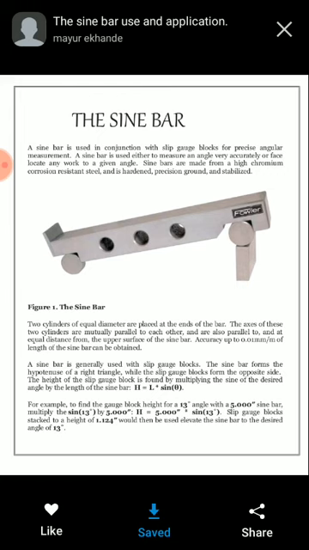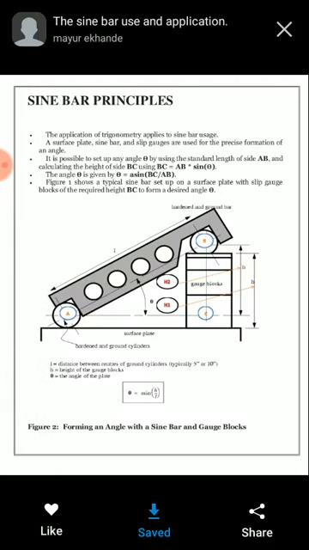Here, h equals 5 inches times sine 13 degrees. Slip gauge blocks stacked to a height of 1.124 inches would then be used to elevate the sine bar to the desired angle of 13 degrees.